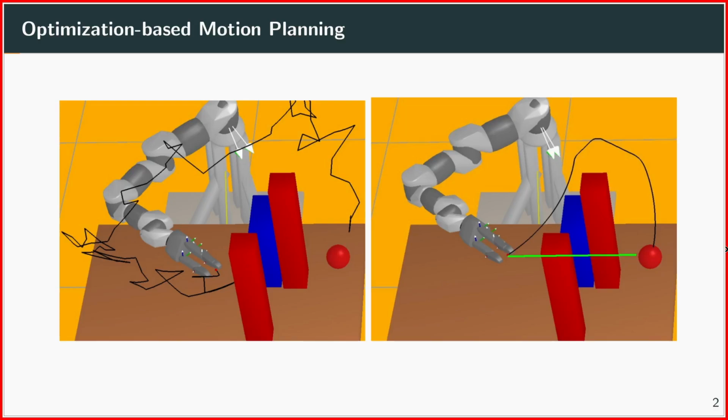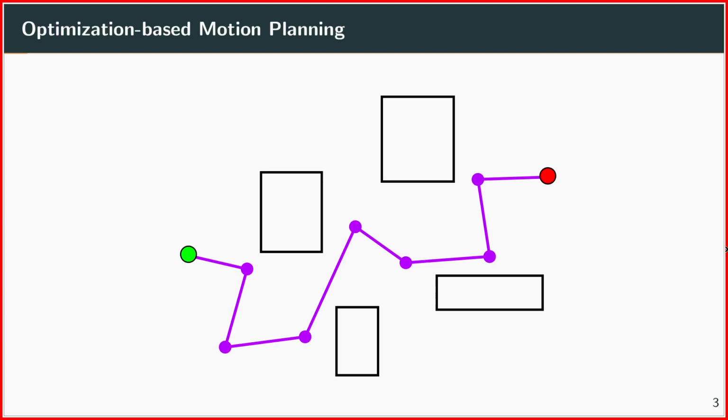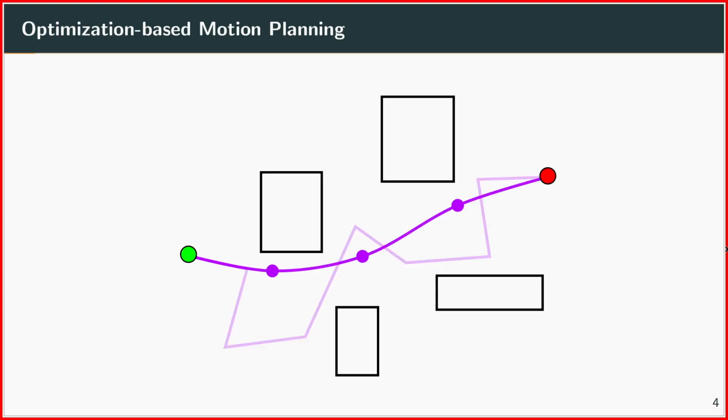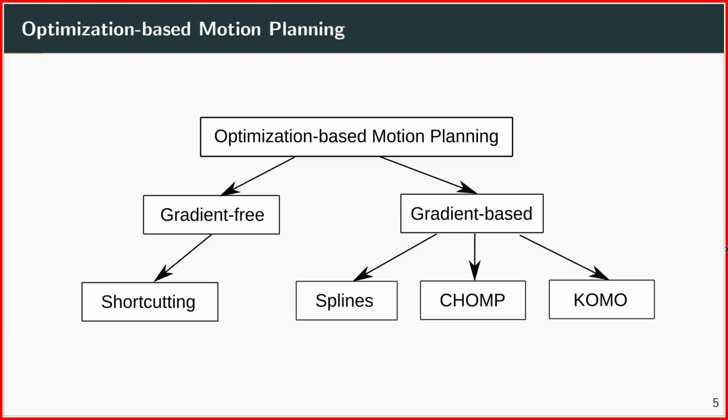This is the whole idea: you get as input some kind of path which might be feasible, might not be feasible, and you optimize it so that you get an optimal solution. We will look mostly at some 2D problems. Again, you get some zigzag path as input and you want to produce something which is optimal with respect to some kind of cost function.